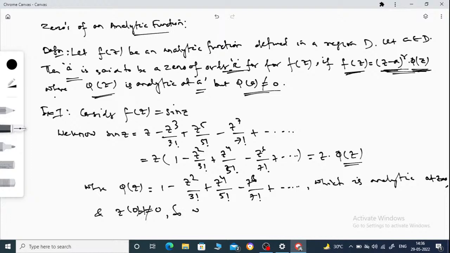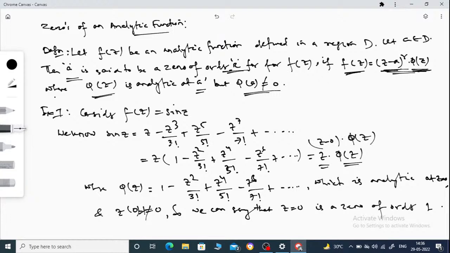So we can say that z equal to 0 is a zero of order 1, because this is z minus 0 into phi of z. That is the zero and its power is 1.